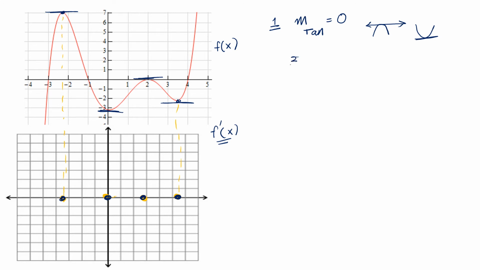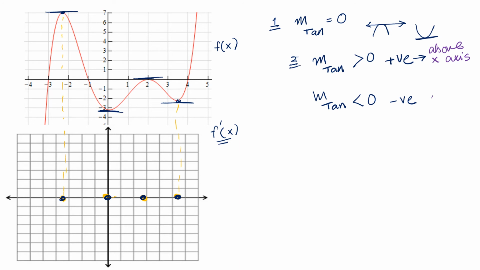Second thing is I have to find out where the slope of the tangent line is greater than 0, it means positive, and where the slope of the tangent line is less than 0, it means negative. So positive, I will sketch the graph above the x-axis, and negative I will sketch below the x-axis.